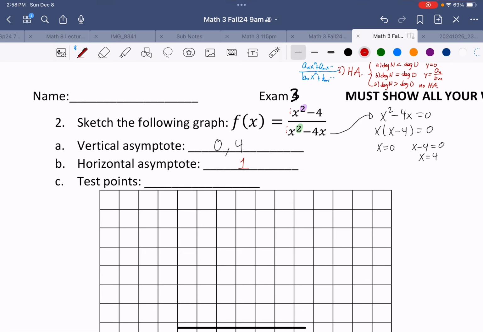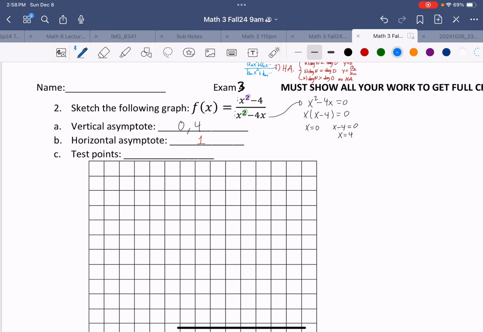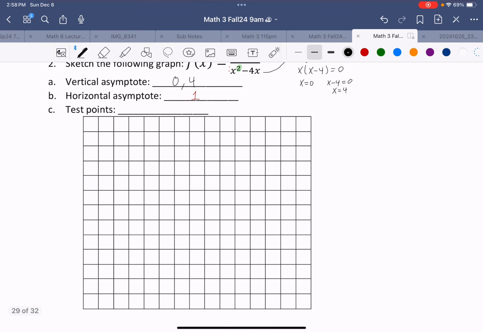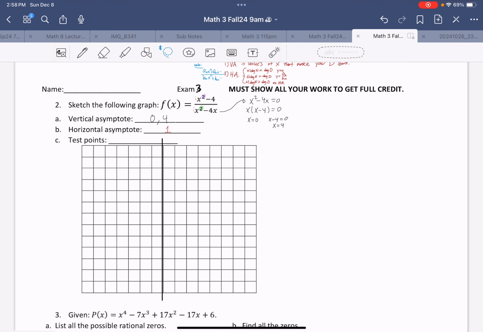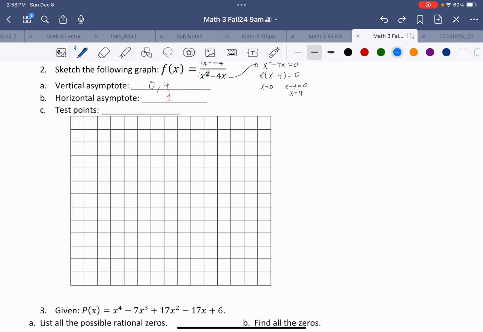So when you sketch them, again, you have this graph here, you kind of have to decide wherever your x and y is. But because we have a vertical asymptote at 0, instead of making that the y-axis, I'm just making a big asymptote at 0.